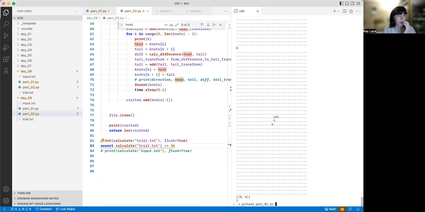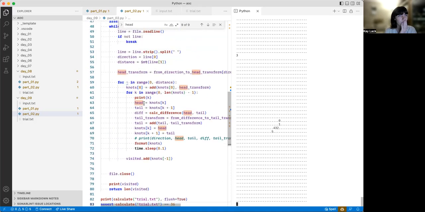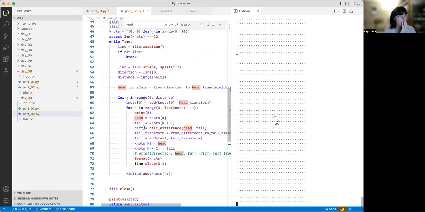No, that's not right. I don't know why it's not trying to go further.